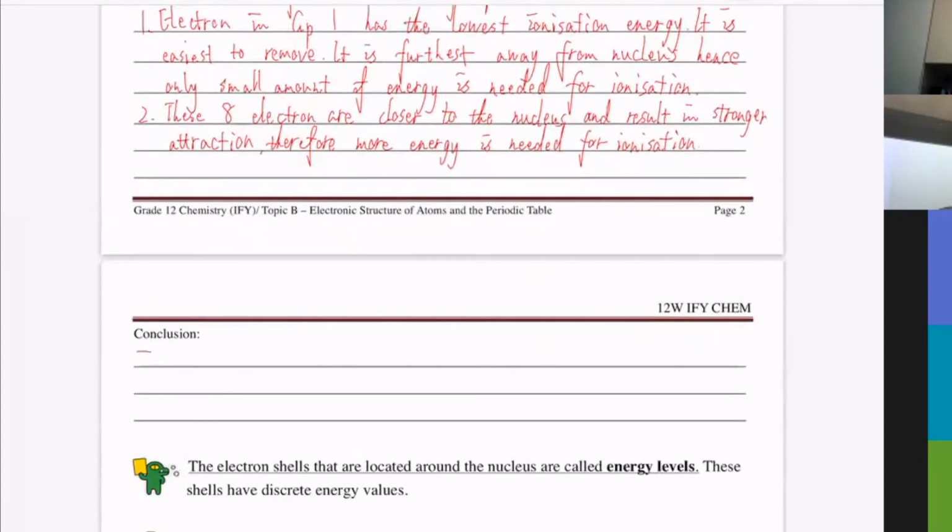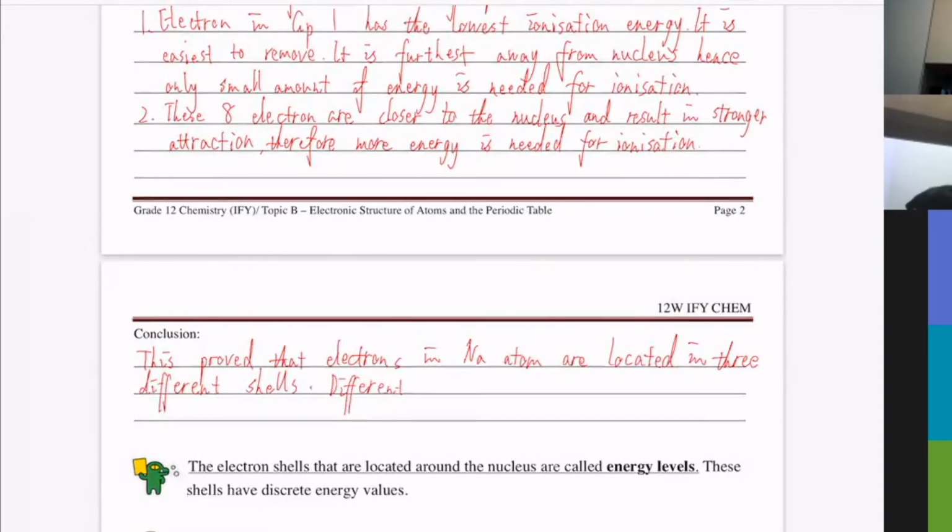Our conclusion: this proved that electrons in a sodium atom are located in 3 different shells, and different shells have different distances to the nucleus.